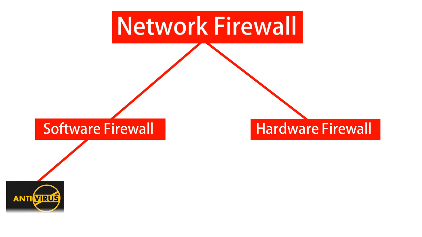Antivirus that is installed in our system can work as a software firewall, and the Windows operating system has its own software firewall application which gets installed in the system automatically when we load the Windows operating system in our computer.